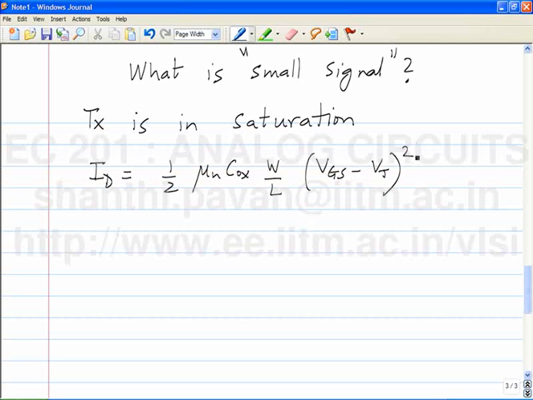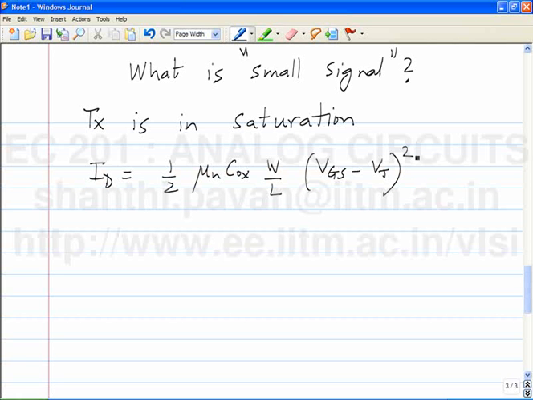In a general nonlinear two-terminal device, what did we figure out about small signal? What do we mean by small signal? The higher order terms in the Taylor series become negligible compared to the first order term. Okay? So the Taylor series is the value at that point plus the increment times the slope plus the increment square times the curvature and so on.